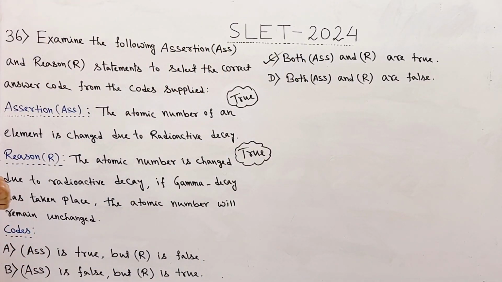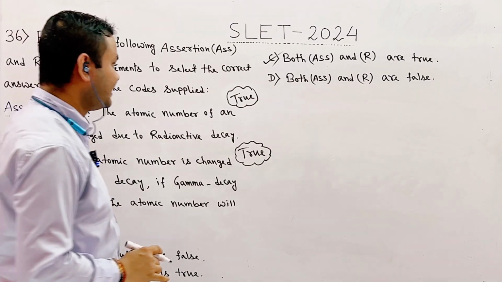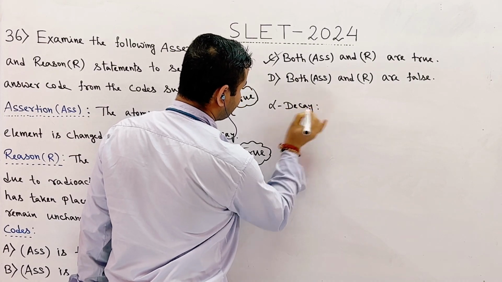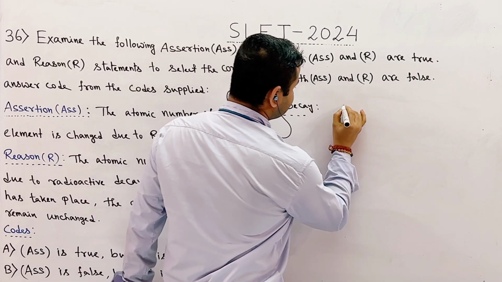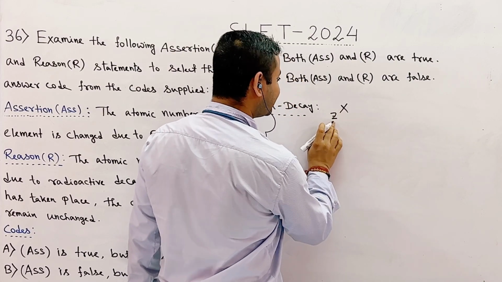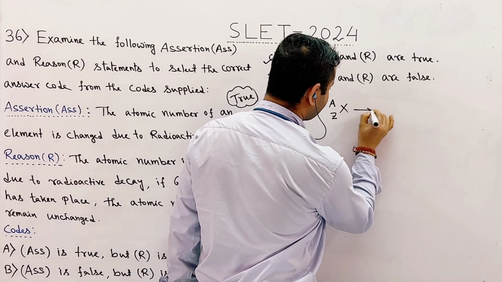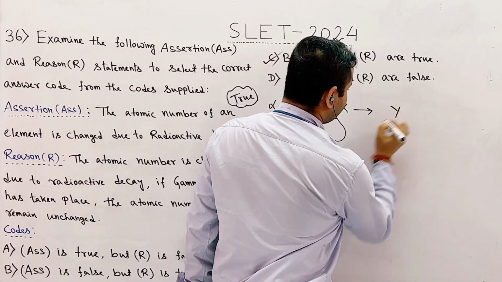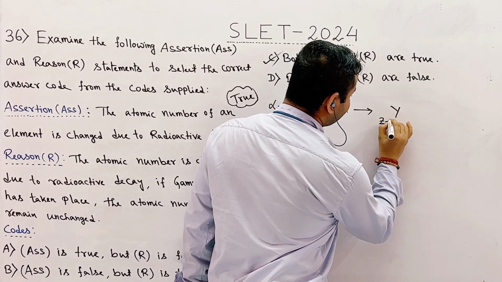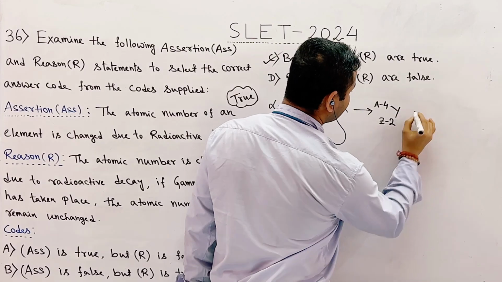Now, let me write the equations for alpha decay, beta decay and gamma decay here. Alpha decay. Suppose X is the parent nucleus whose atomic number is Z and mass number is A, and Y is the daughter nucleus whose atomic number is Z minus 2 and mass number is A minus 4.